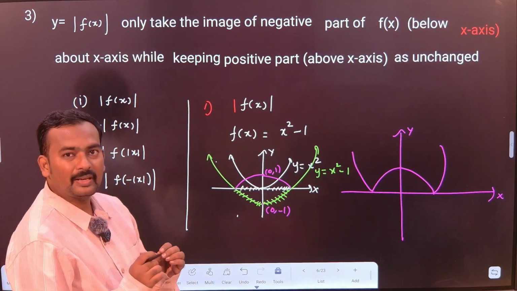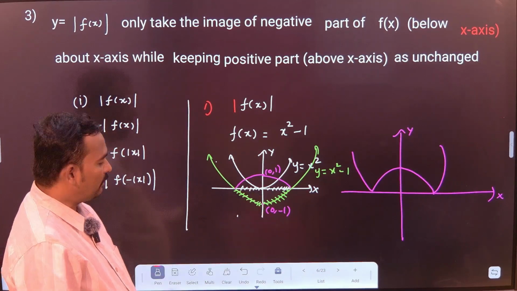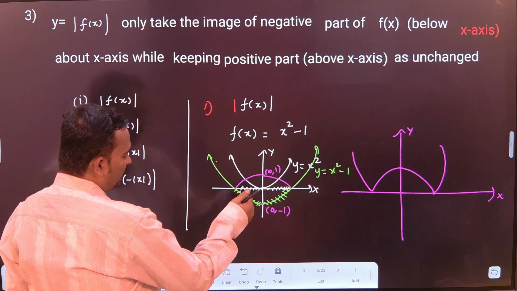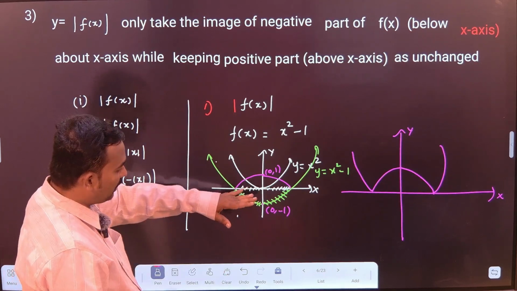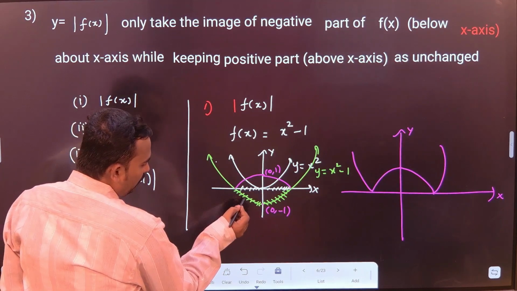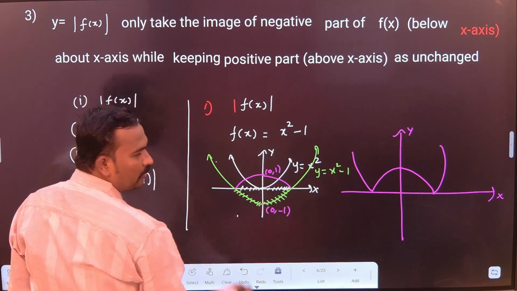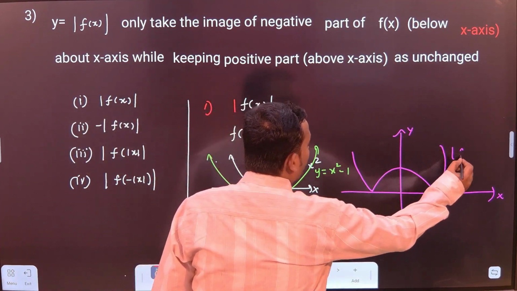So once again I'll tell you, whatever is below the x axis there, you have to shade it and take the image of the shaded portion with respect to the x axis. Clear? With respect to the x axis. Whatever this portion is there, it will be reflected over here. This portion will be reflected over here. Therefore, this is your mod f of x.